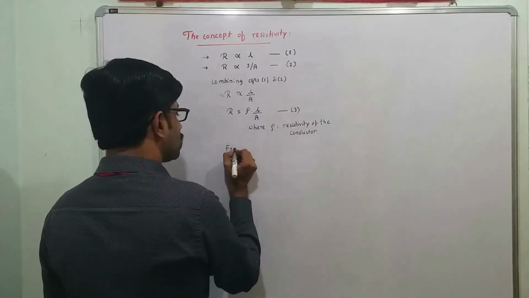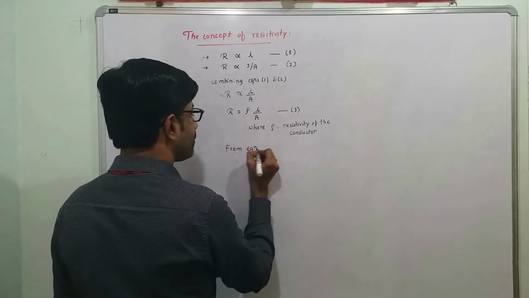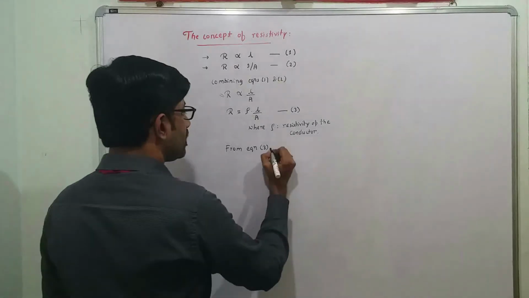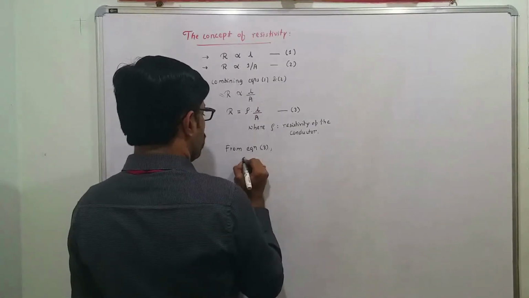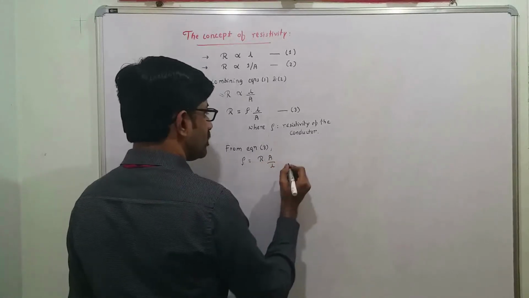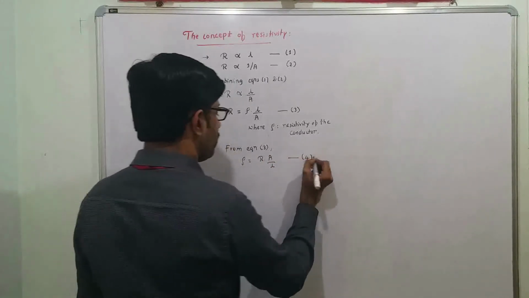From equation 3, it can be written as rho is equal to R into A by L. Call this equation number 4.